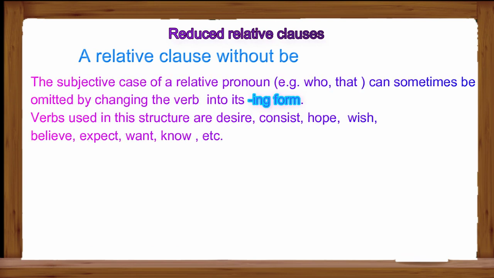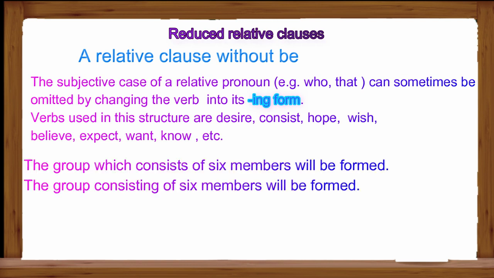When there is no be verb in a relative clause, the subjective case of a relative pronoun can sometimes be omitted by changing the verb into its ing form. Verbs used in this structure are desire, consist, hope, wish, believe, expect, want, know, and etc. Example: the group which consists of 6 members will be formed.